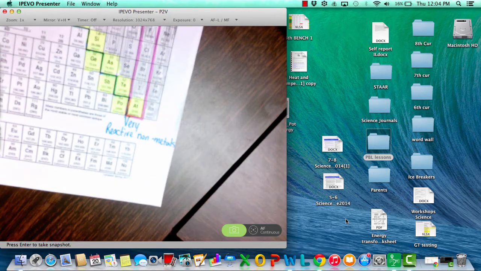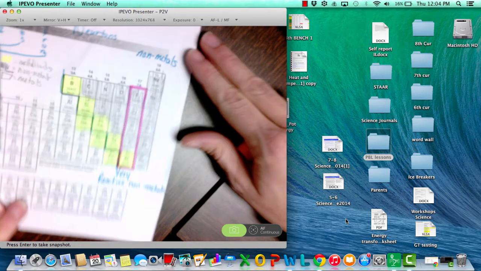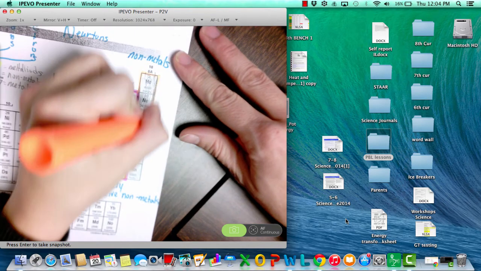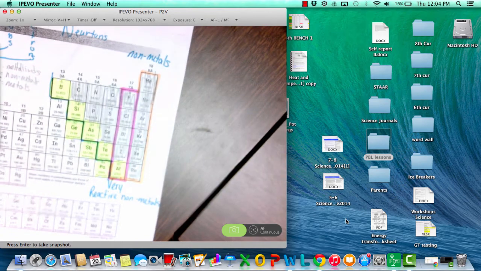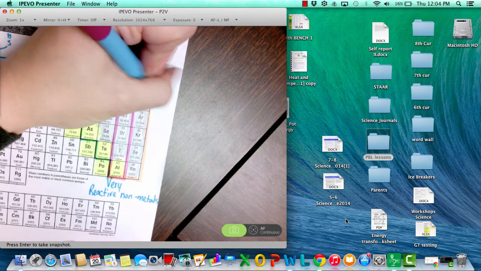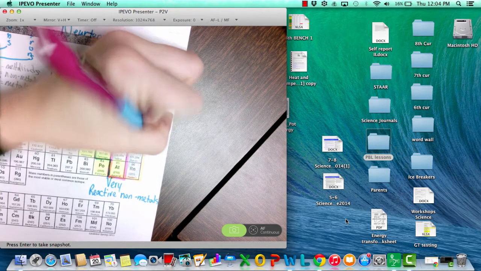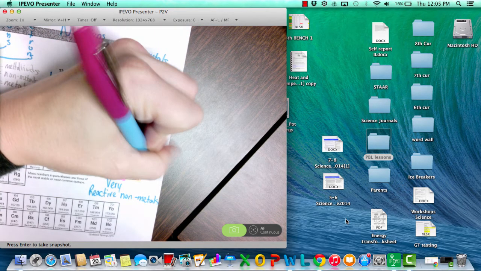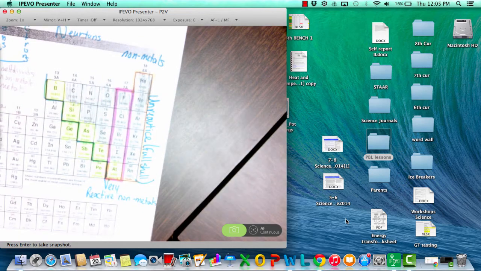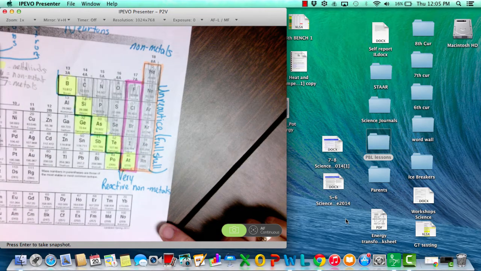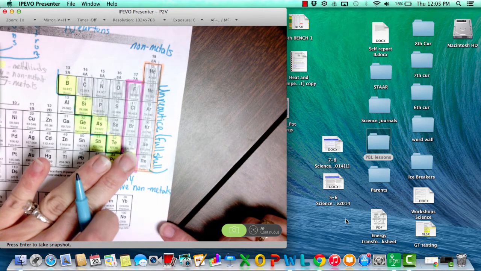And then the last one that you need to know is group 18. And the special thing about group 18 is that they are completely unreactive because they have a full shell. Right? So group 1, most reactive metals. Group 17, most reactive nonmetals.